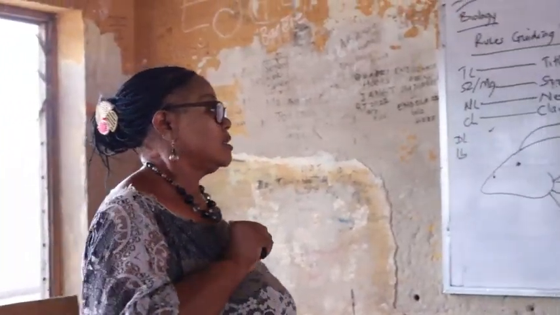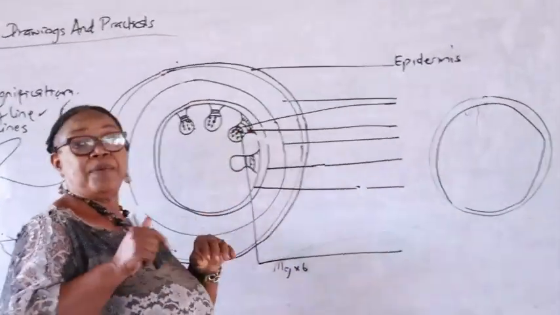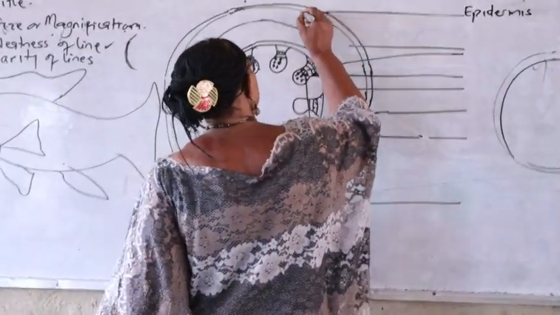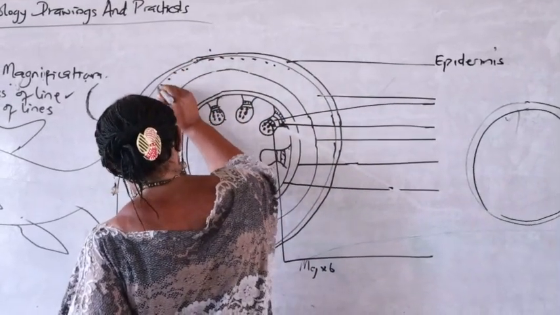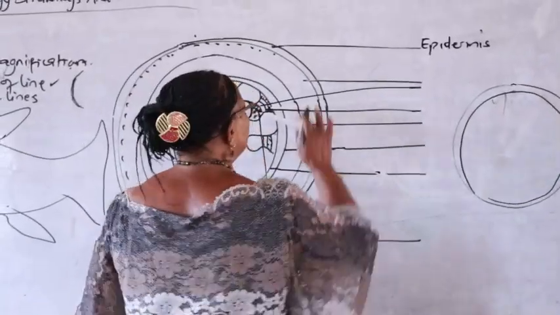Is that clear? Yes. And if you want to show, like here we have the collenchyma, the parenchyma, and you want to differentiate them, you can use dots instead of shading. Even the edge.